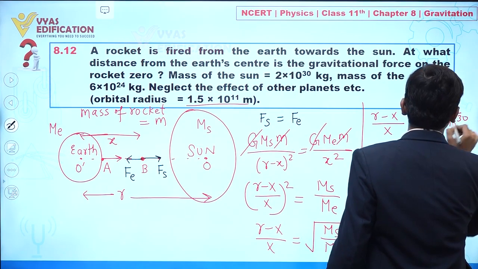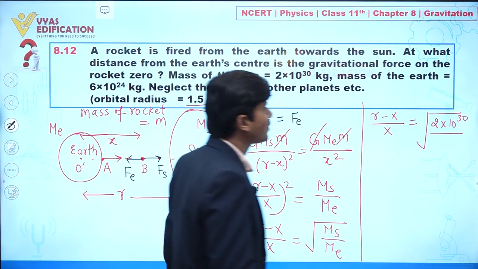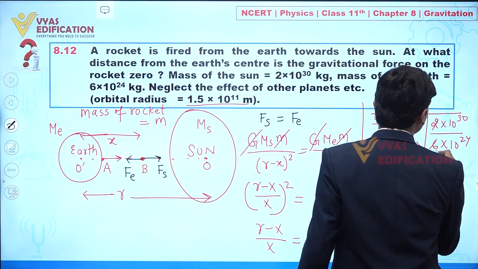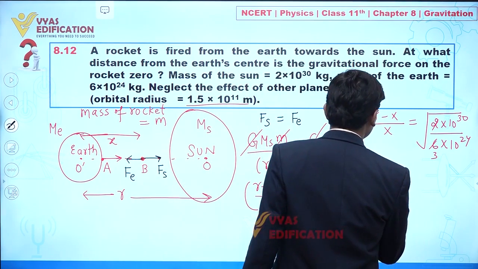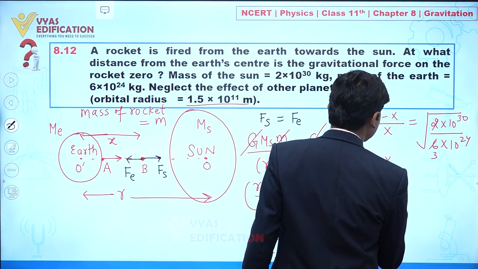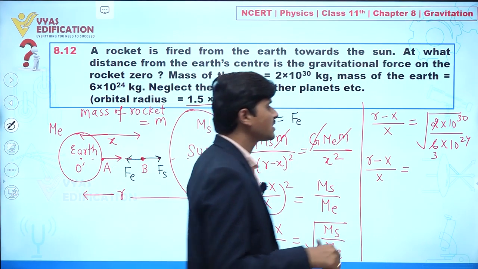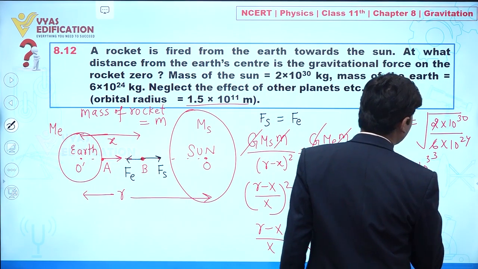And the mass of earth is given as 6 into 10 to the power 24. From here we get 3 and 6, so (r minus x) upon x is equal to 10 to the power 6. If I take the square root, this is 10 to the power 3 divided by under root of 3.